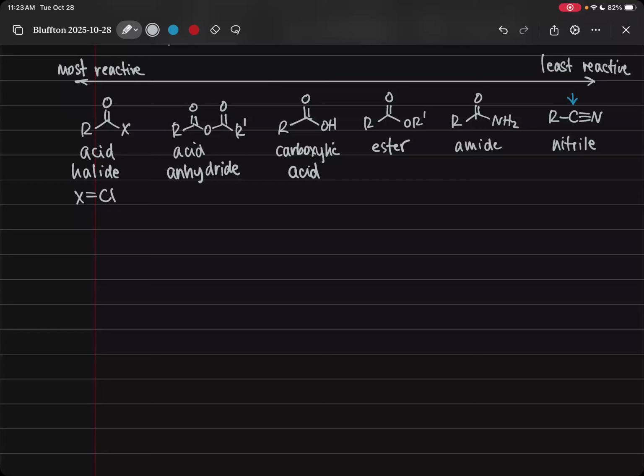So if you're trying to figure out how to synthesize any one of these molecules, it's best if you can to try and start further on the left rather than take an amide and try to make an acid anhydride from it. That's going to be more difficult than turning an acid anhydride into an amide. Okay, so that means we're going to start with acid halides or acid chlorides.